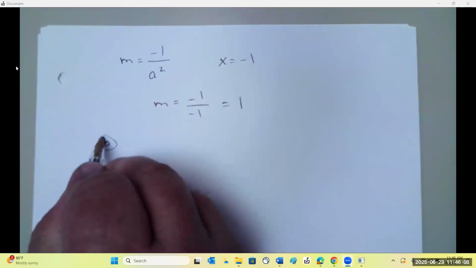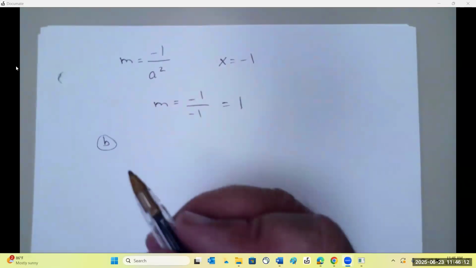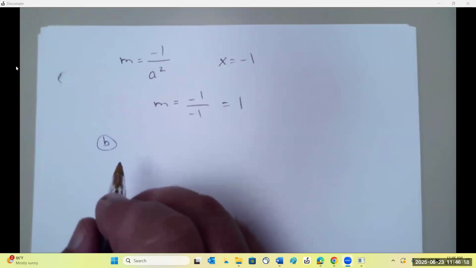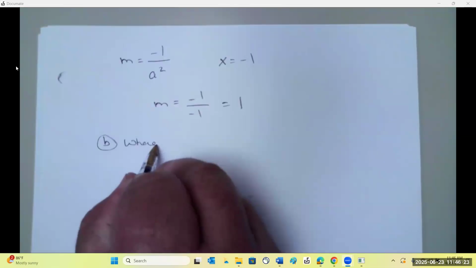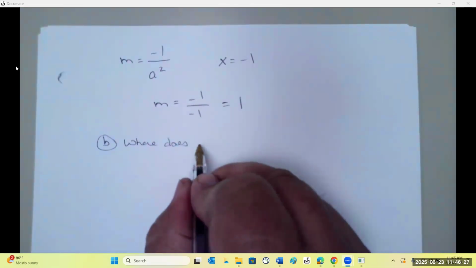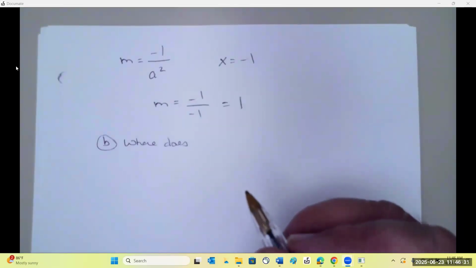B. What B is asking for is, where does the slope equal -1/4? Oh, the squared.